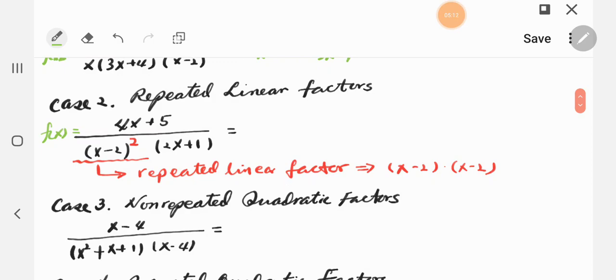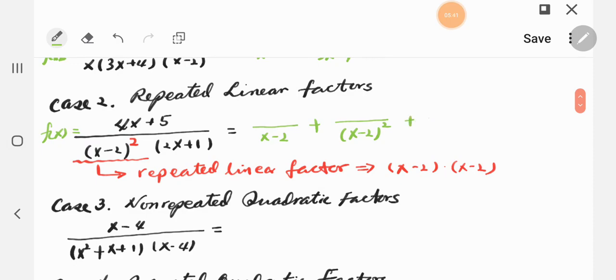When you do decomposition, we will have a fraction with x minus 2 and another fraction with x minus 2 squared. Since this is repeated twice, we will have two fractions: one of degree 1 and the other of degree 2.